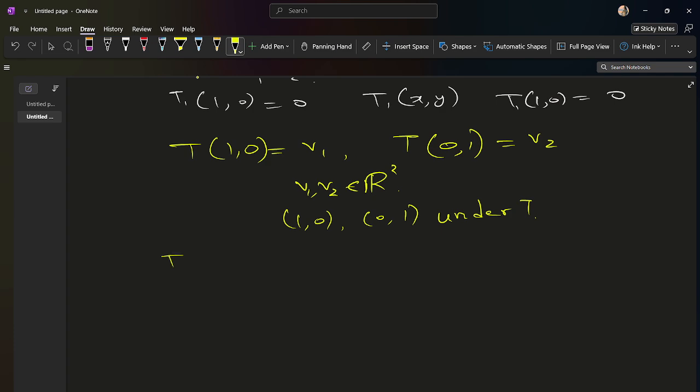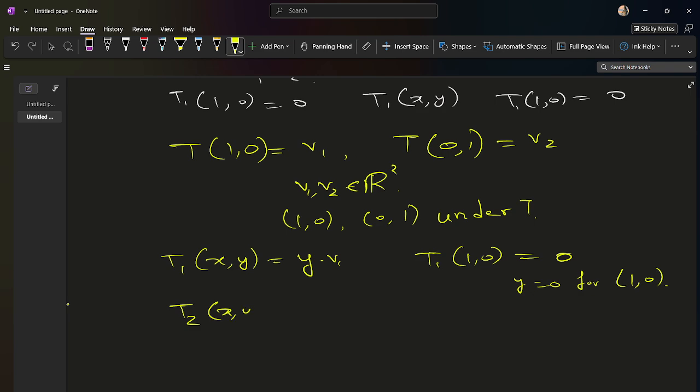Now we are going to define T1 as T1 of (x, y) equals y times v1. This ensures that T1 of (1, 0) is equal to 0, since y is 0 for (1, 0). Now we are going to define T2 as T2 of (x, y) equals T of (x, y) minus T1 of (x, y).